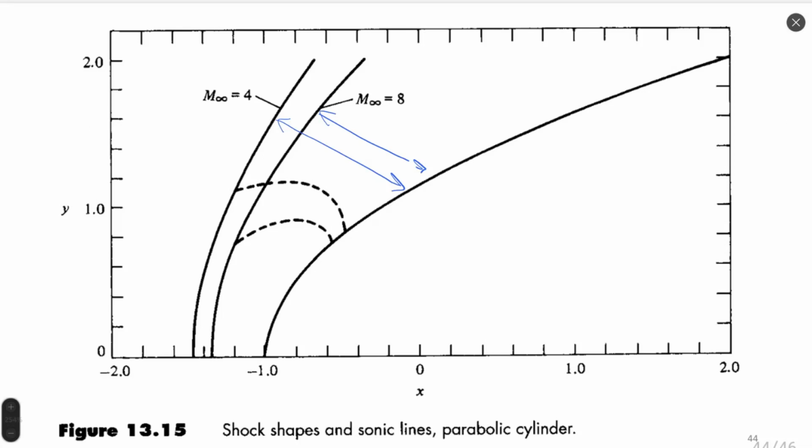At the same time, once we increase Mach number, the size of subsonic region becomes smaller because we have more energy inside flow. So the volume with a relatively small velocity also becomes smaller in this case.